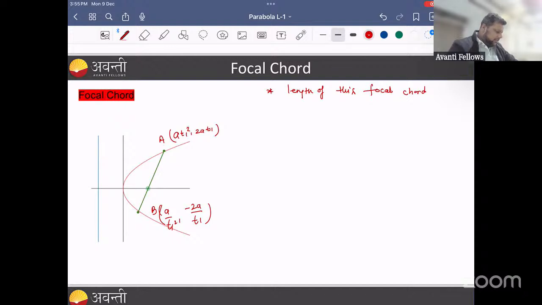Length of this focal chord. Now, what is AB?